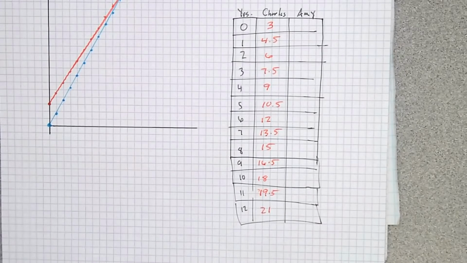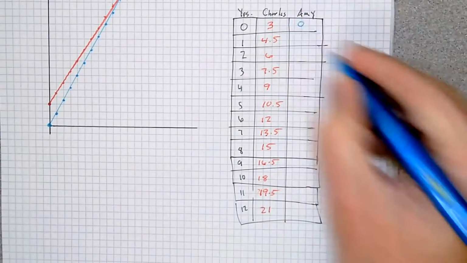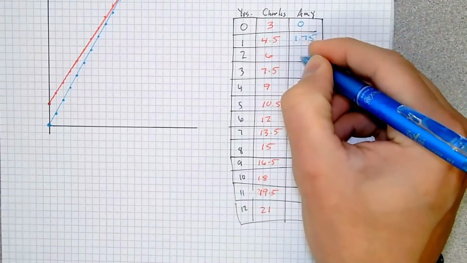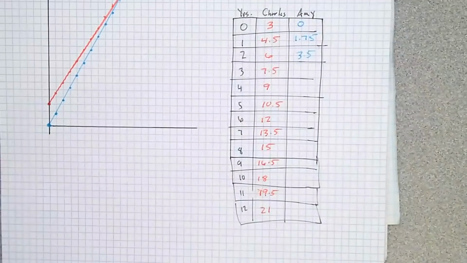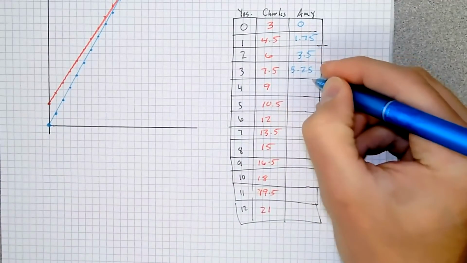Again, Amy's a little bit more complicated because it's dealing with 1.75. So we start at 0, 1.75. We get 3.5. We get 5.25.